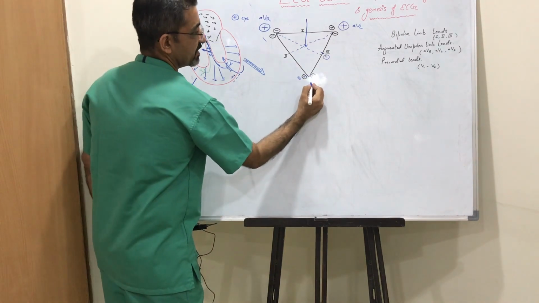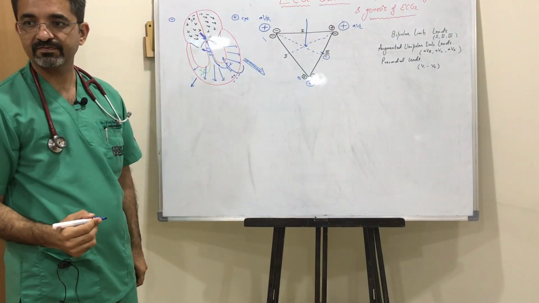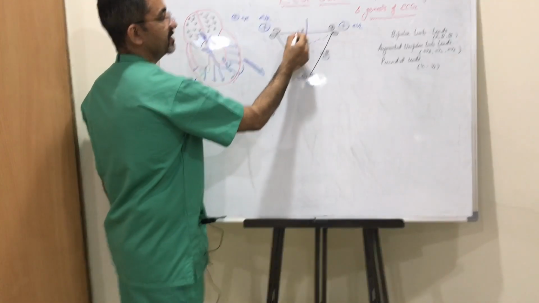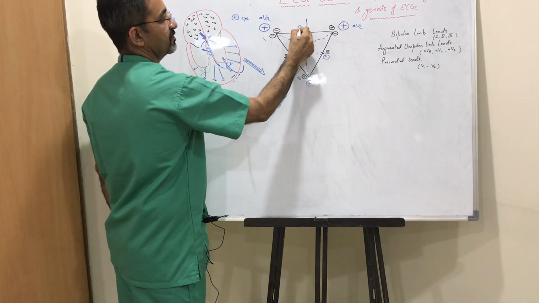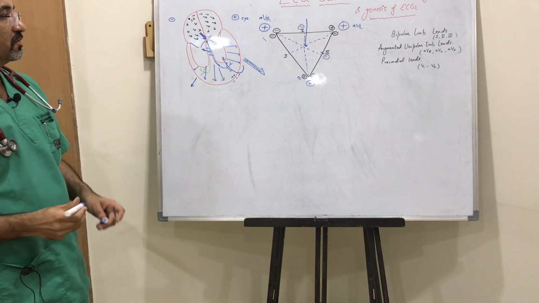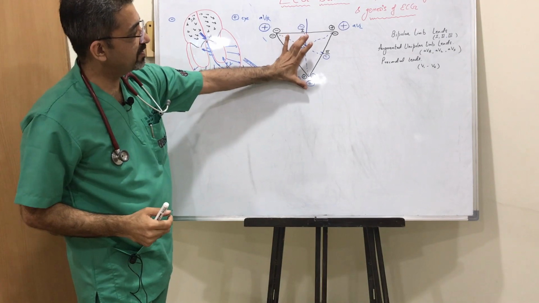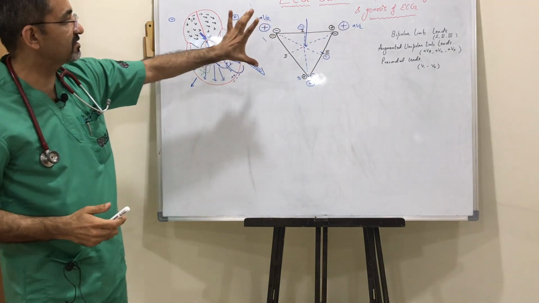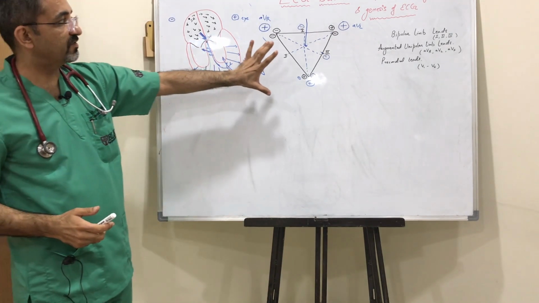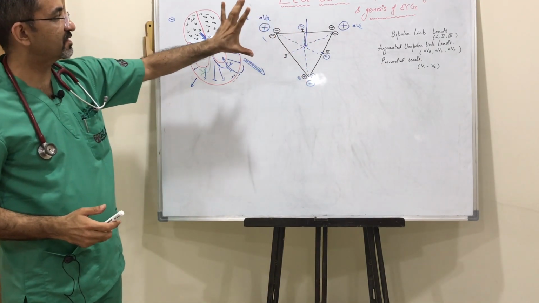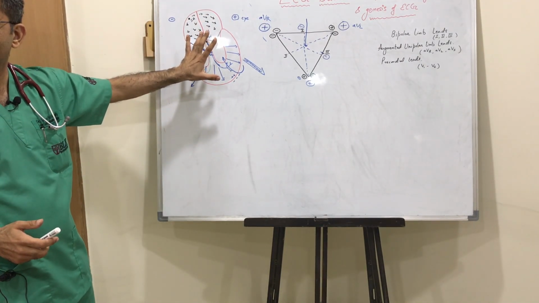Similarly, you have AVF, where the positive electrode is in your left foot. You have a mean here, and this is your AVF. If you just imagine, I pull lead AVF and place it over my heart, it will technically look like lead 2.